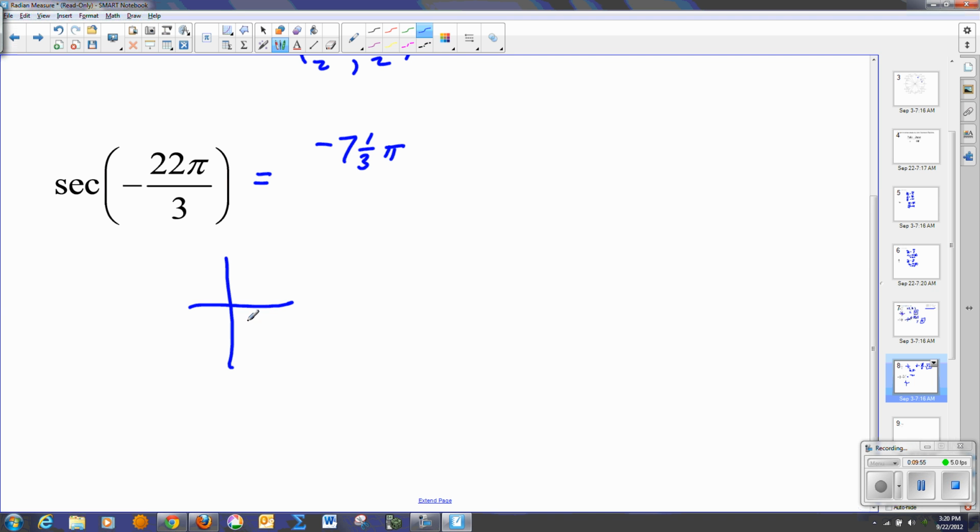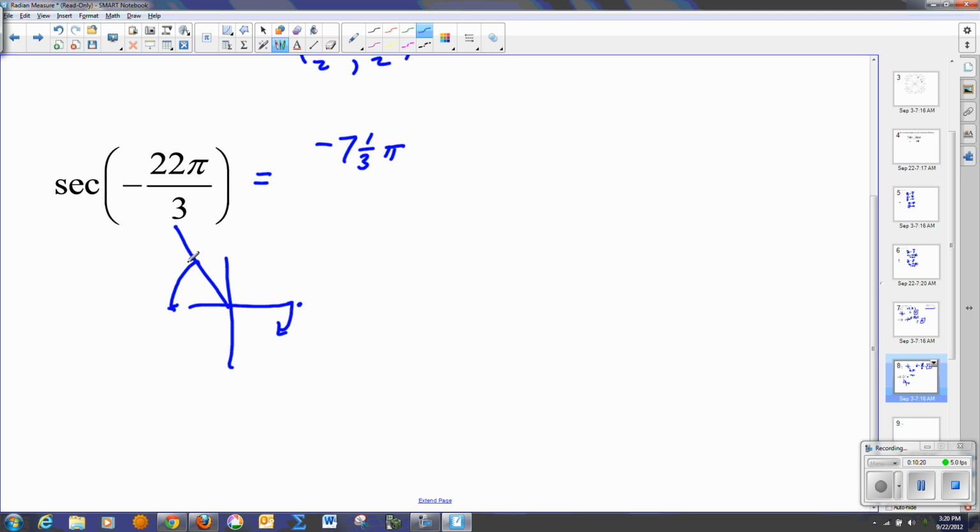Well, negative direction means I'm spinning in a clockwise fashion. This is 1 pi, 2 pi's, 3, 4 pi, 5 pi, 6 pi, 7 pi puts me right here, and I have to go 1 more pi over 3. So I'm ending up roughly here.